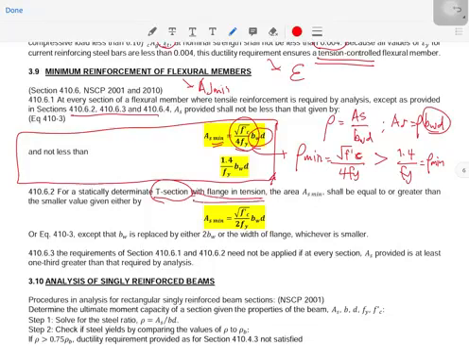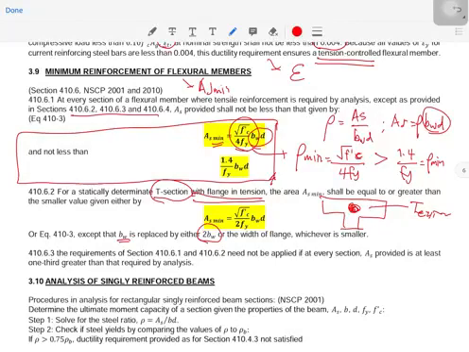Take note, this is for T section with flange in tension, meaning, guys, the reinforcement is at the top portion. Okay, this is your T beam, then you have your reinforcement here because this is in tension. Or equation 410-3, except that bw is replaced by 2bw or the width of the flange, whichever is smaller.